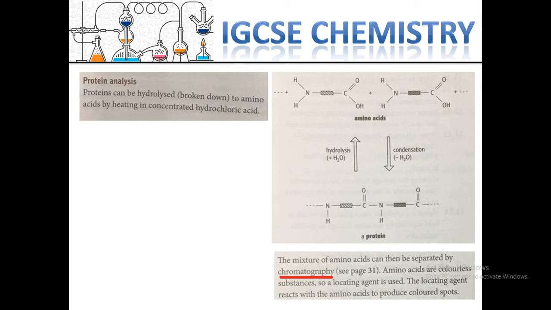So if we add water to the protein that has already been synthesized, the polymer or protein or any kind of polymer. A polymer can be a biological polymer or an industrial polymer like nylon. So any polymer can be broken down by adding water. If we add water it is called hydrolysis.